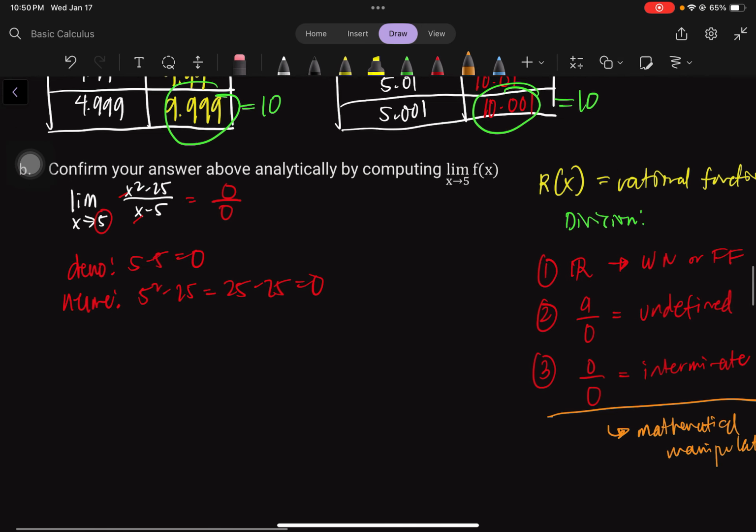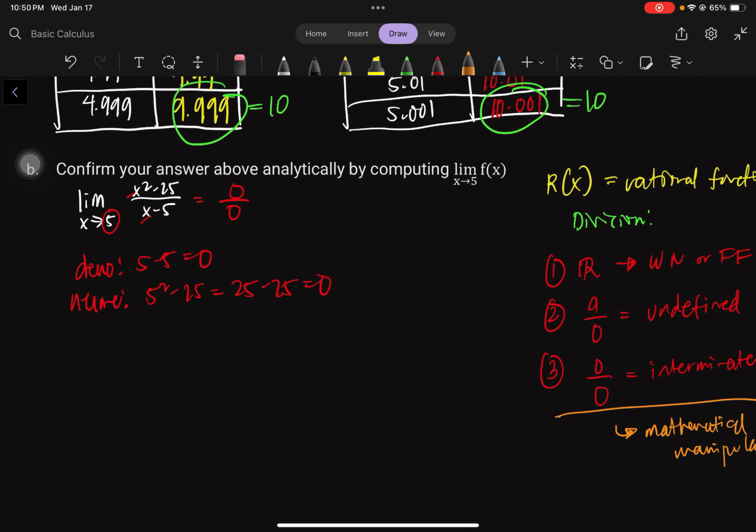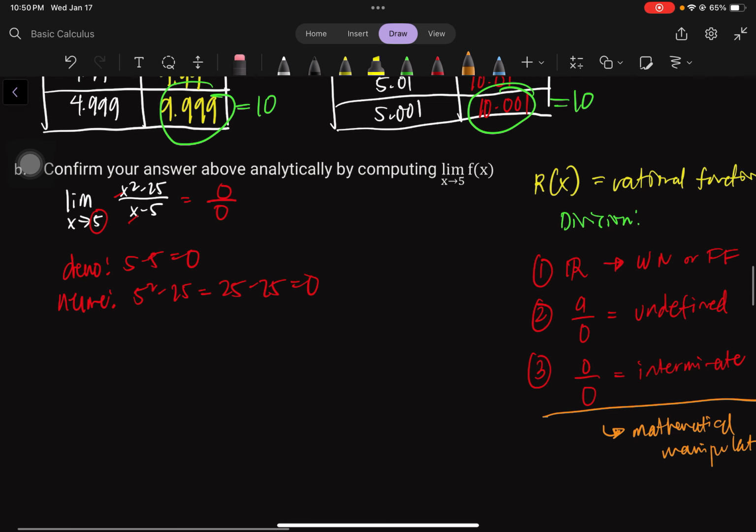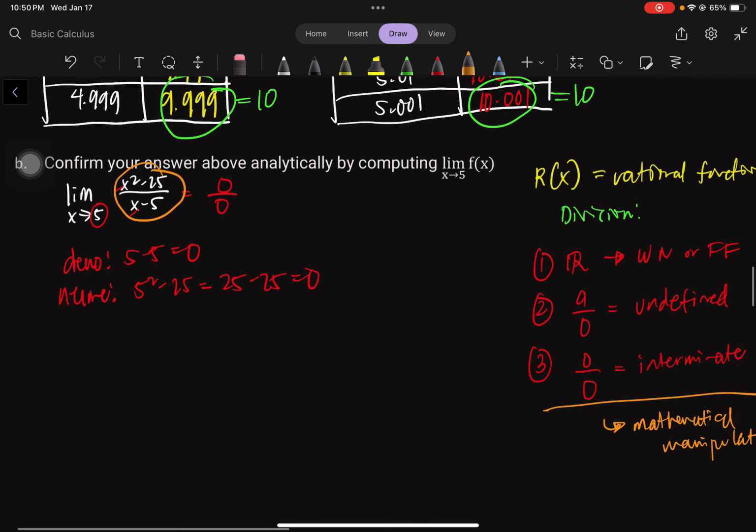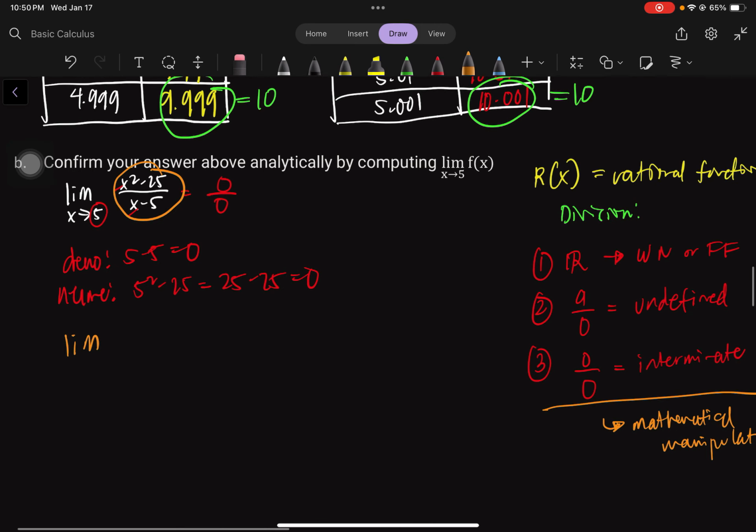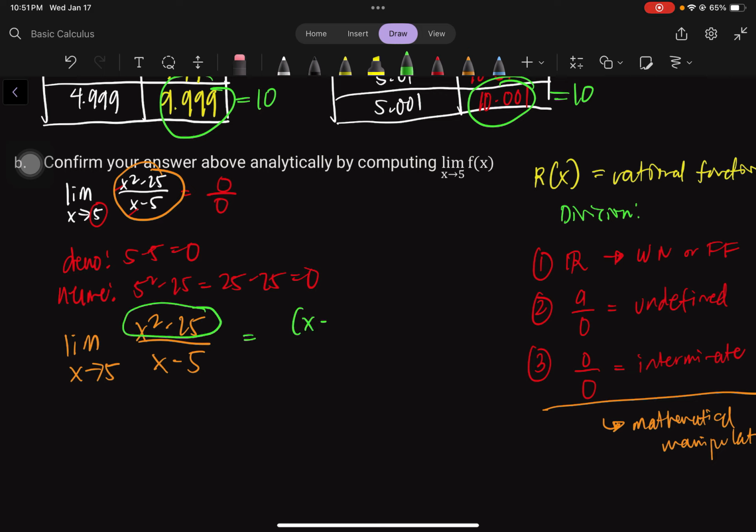Okay? So that we can simplify the equation and solve the limit using substitution. So, the limit of x squared minus 25 over x minus 5 as x approaches 5. We can factor this part, so it becomes x minus 5 times x plus 5.